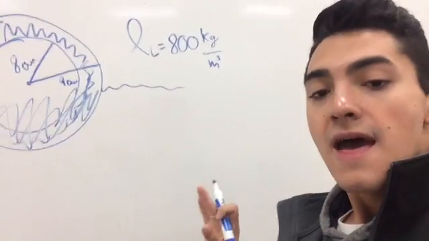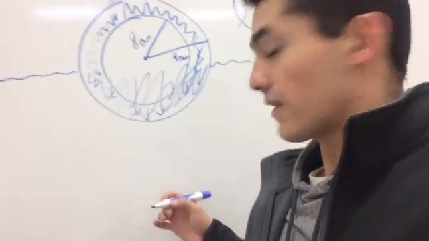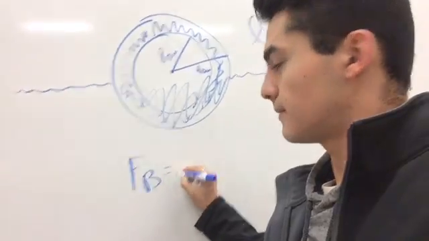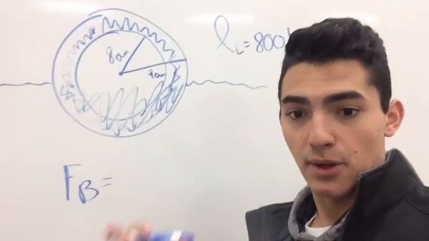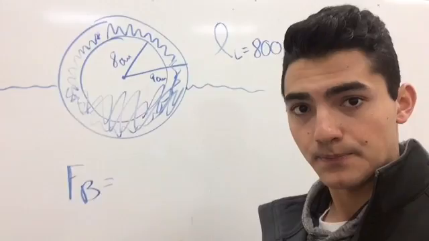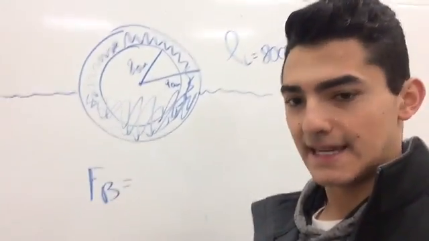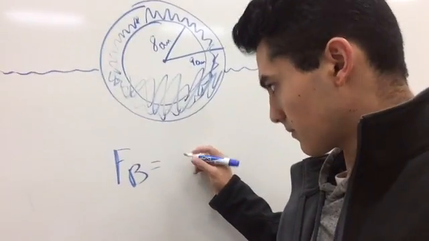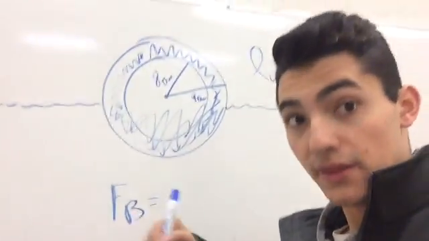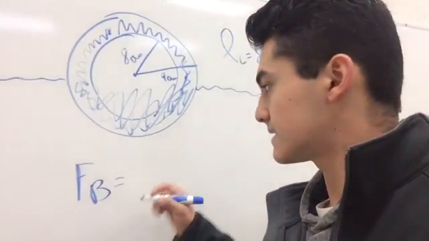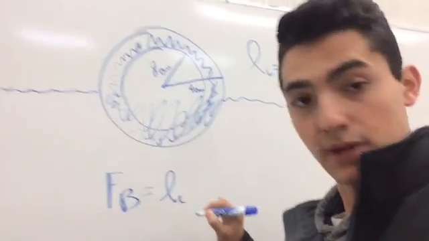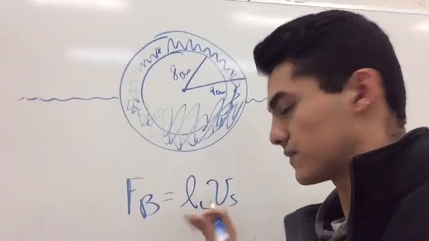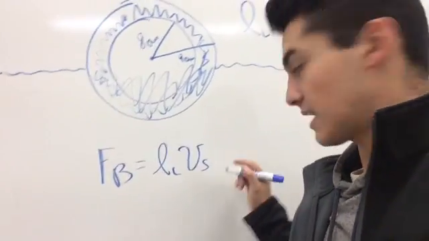Now, as we know, the buoyant force is equal to the weight of the displaced fluid, that is, the density of the liquid times the volume of the displaced fluid times the gravity.